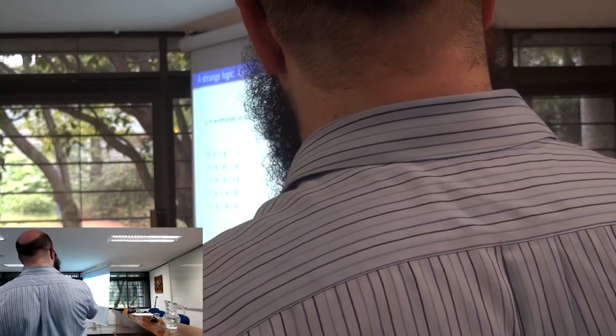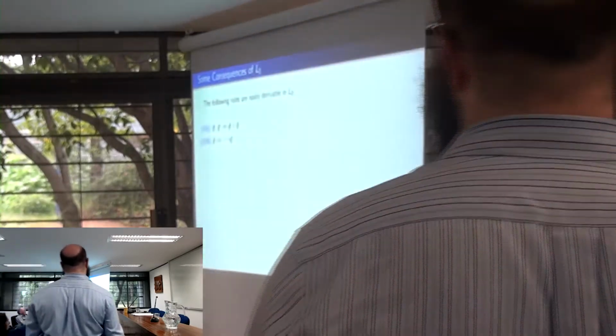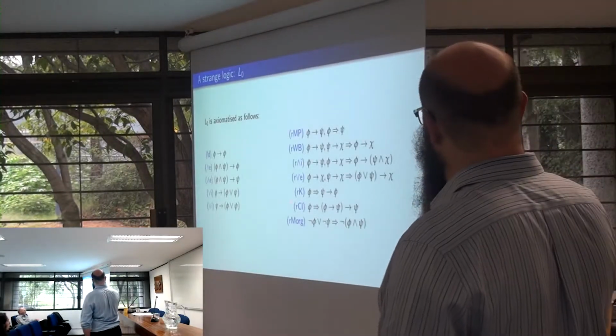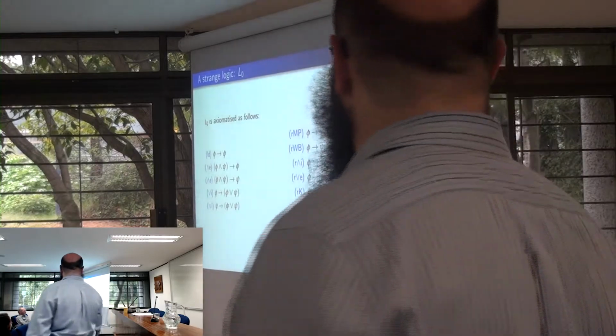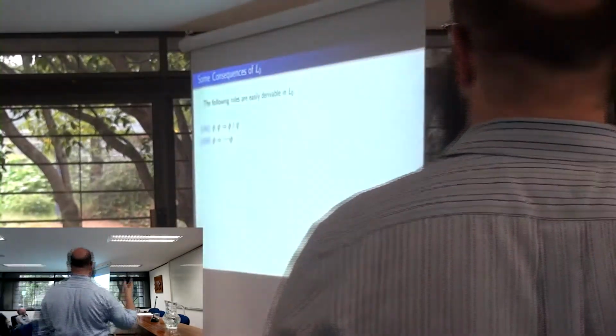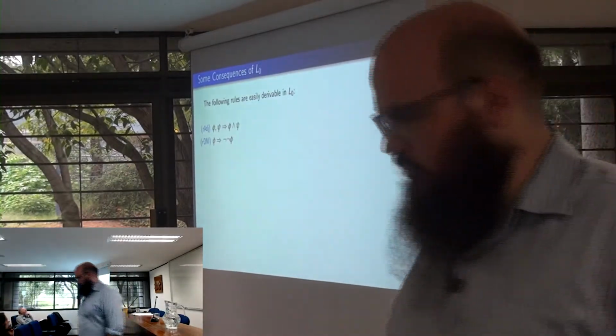So for instance, we have that negation satisfies the rule form of double negation introduction, given that we have the rule form of weak permutation. And it's immediate from having the rule form of weakening that we have the rule form of adjunction as well.